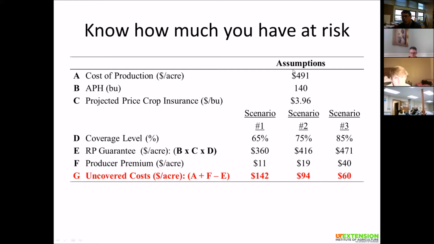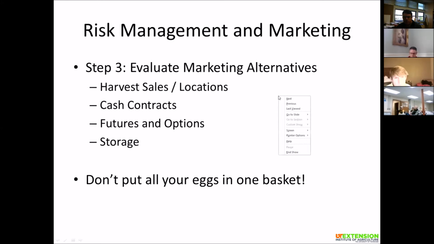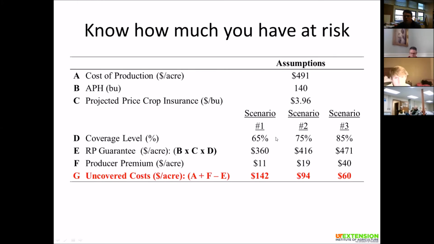So we're taking our cost of production of $491, we're adding that premium in because that's another cost that's going to have to be put in there, and then we're subtracting our revenue guarantee because that's the amount of revenue per acre we have protected. So under the 65% scenario, we still have $142 of uncovered revenue, or uncovered cost, I should say, that is not protected by our revenue insurance.